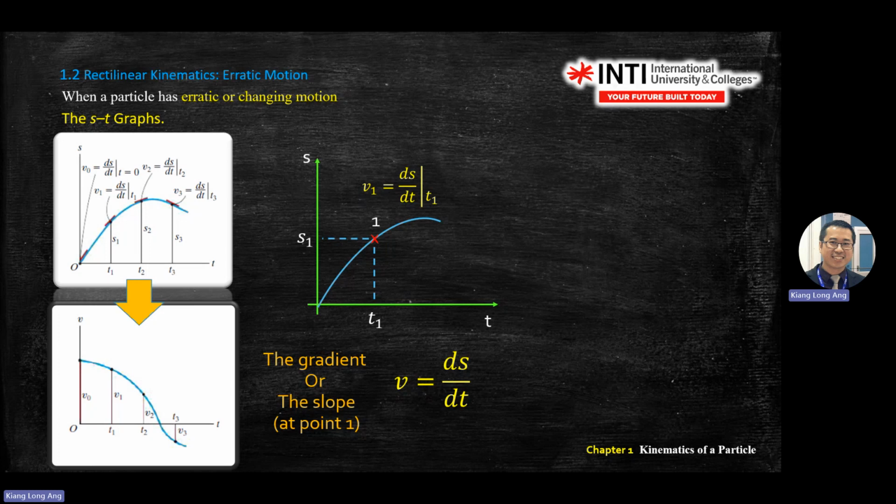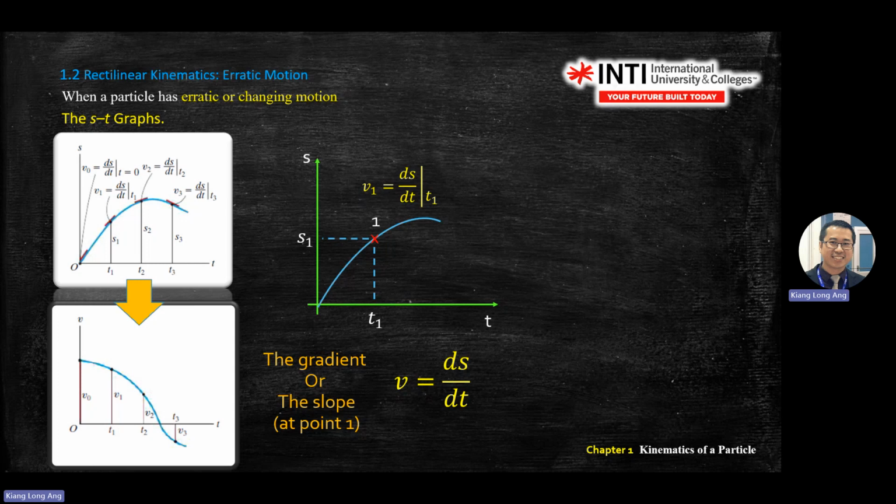No matter what the shape of that graph is, we just convert the point using ds/dt, and you get a v term here. So this is the first point, your v1. This is point number 1, but in v.